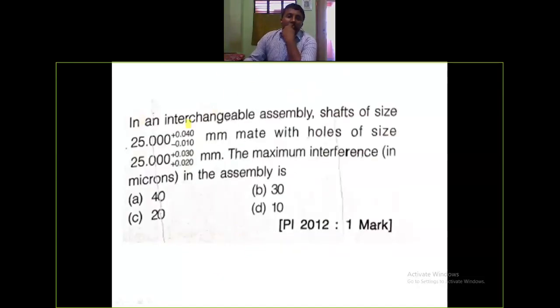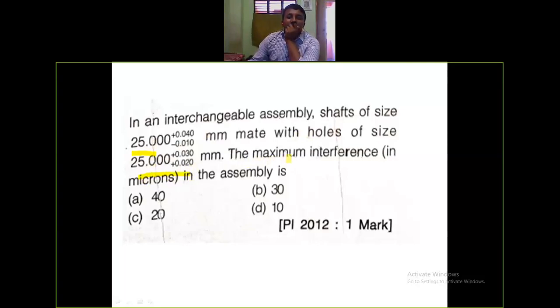In this question, this is the size of the shaft. The upper limit of the shaft is 25.040 and the lower limit is 25 minus 0.010, and the hole dimension is given like this.